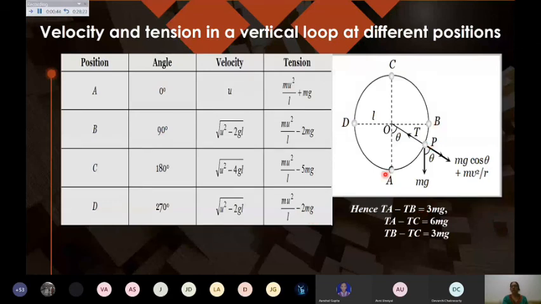A and C, as we have already calculated, comes out to be 6 mg. If I calculate between B and C, the difference comes out to be 3 mg. So these results can be directly used in numerical problems if required: tension at different points and velocity at different points.